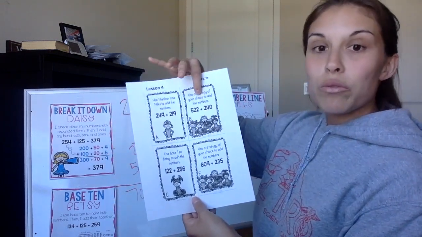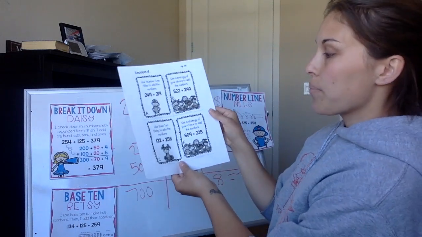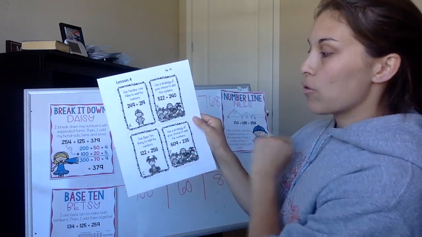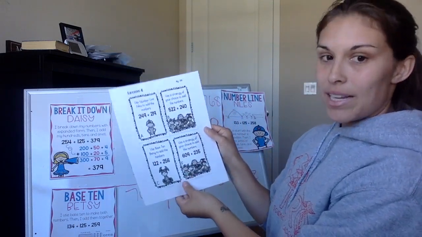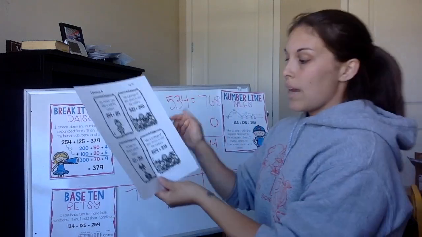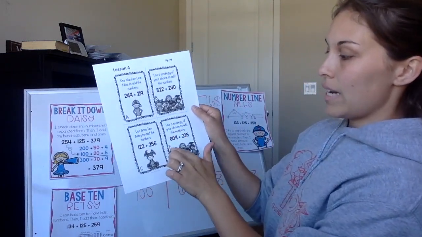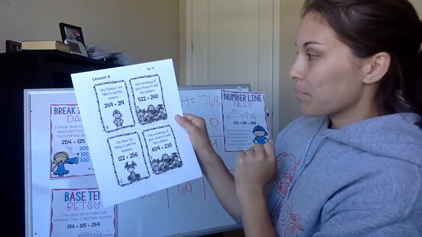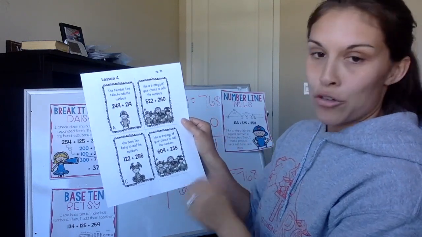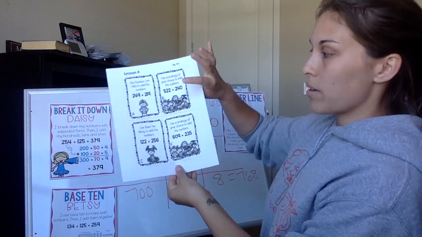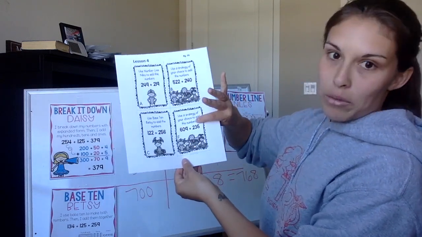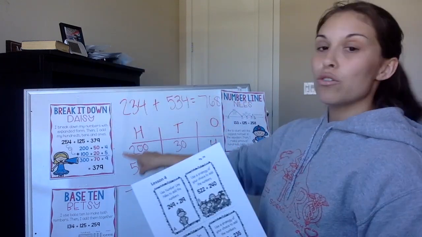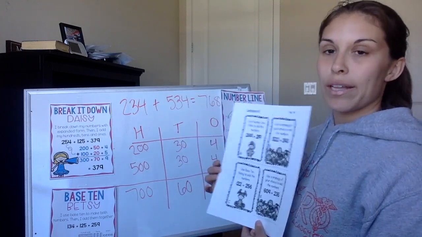So you get to choose which strategy you'd like to use here. For box C, you're going to use base 10 Betsy to add the numbers. And for box D, it says F, but it really should be D. For box D, you're going to use a strategy of your choice. So for that one, labeled F, you're going to choose which of the 3 strategies you would like to use.